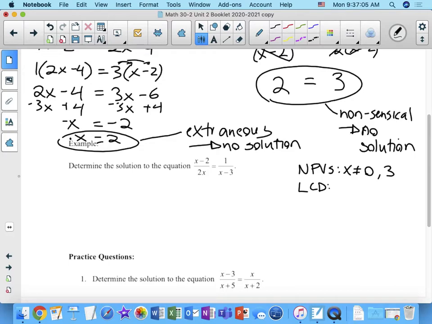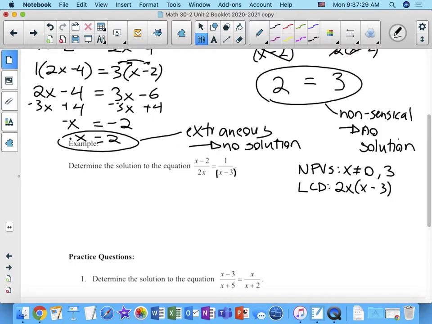Okay, what's my LCD? One of my denominators is 2x, so that's got to go in there. The other one's x minus 3. Are those identical? They're both factored. Are they identical? No. They both have to go in there. Okay? So I'm going to multiply the equation by that. I'm definitely going to run out of room here.